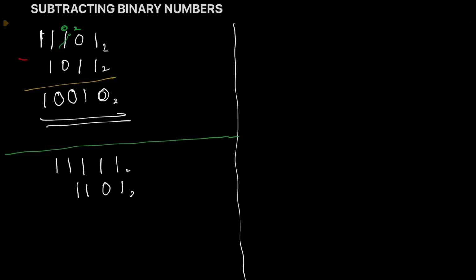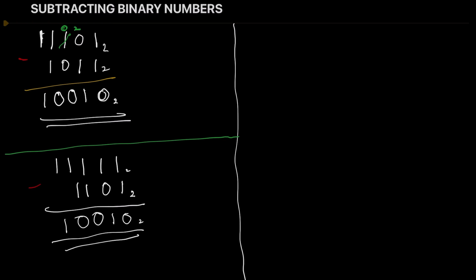So here, it's very straightforward. For 1 - 1, you have 0, you have 1, and then you have 1 - 1, 0, and then you have 0, you have 1. And then this is your answer.